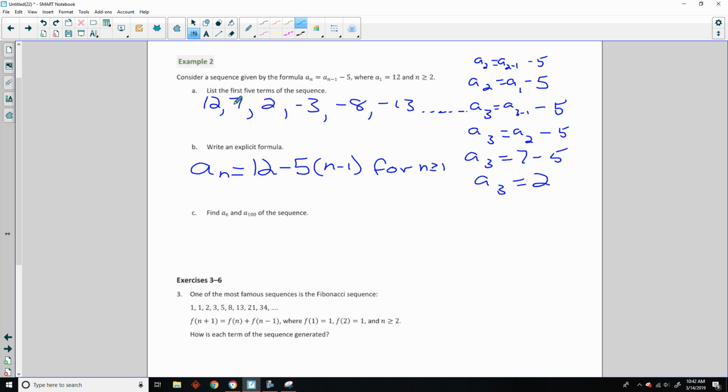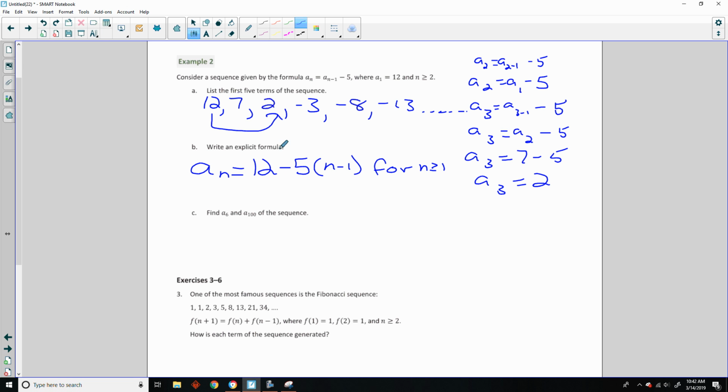If I was looking for my second term, it'd be 12 minus 5 times 1. My third term would be 12 minus 5 times 3 minus 1, or 2. 5 times 2 is 10, and 12 minus 10 is 2. So the number of terms away from our first term is a multiple of 5, decreasing by a multiple of 5 each time.